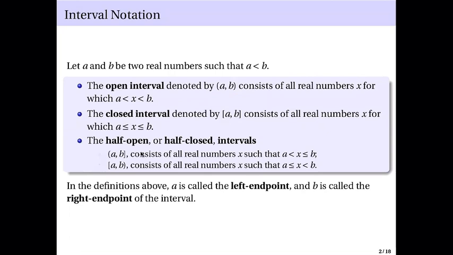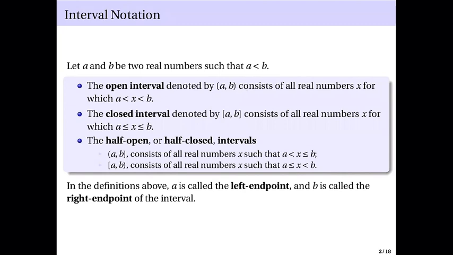Now, in the definitions above, A is called the left endpoint, and B is called the right endpoint of the interval. The name is obvious: A is on the left, B is on the right.